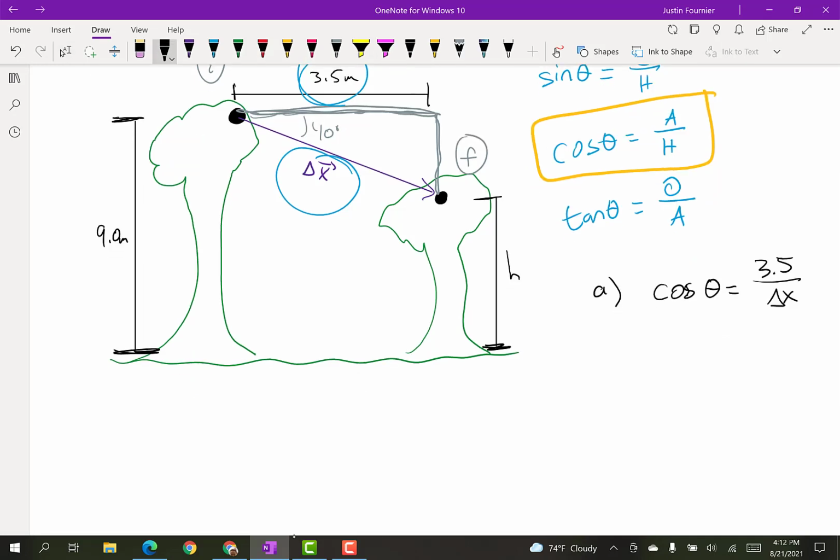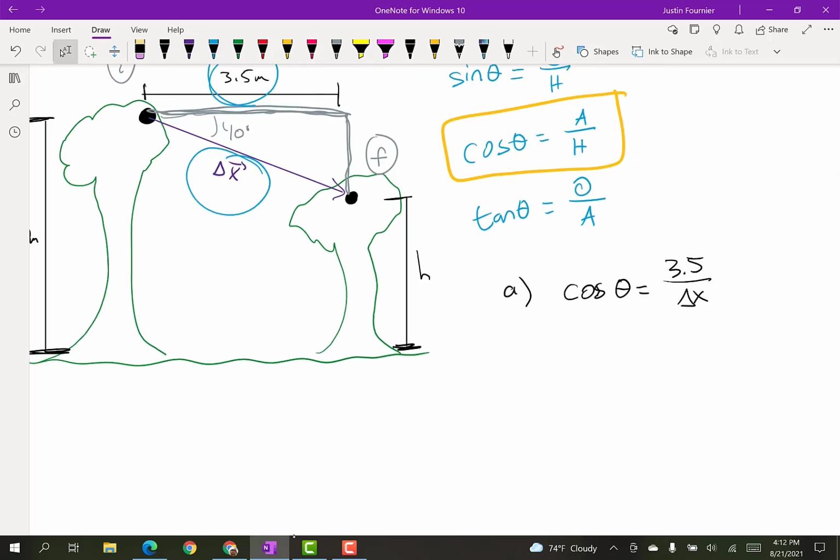So now I'm going to isolate delta x. Delta x is in the denominator, so I need to get delta x out of the denominator. A good way to do that is to undo that division, so I multiply both sides by delta x.